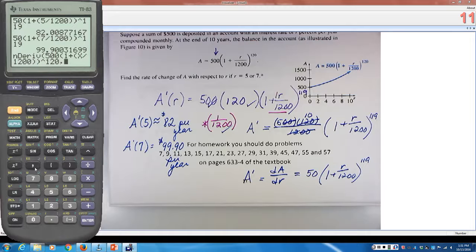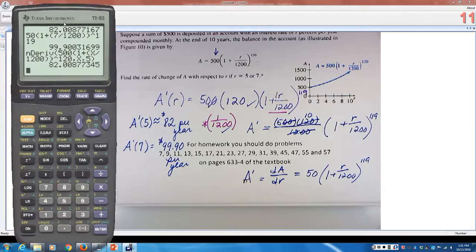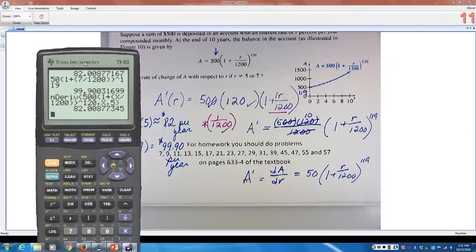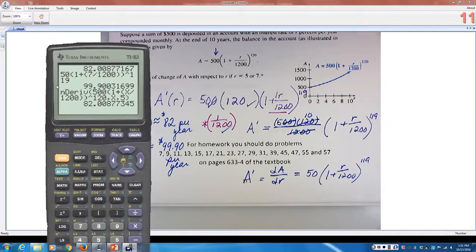So then we need a comma, an X, and then what value of X we want to use. So this is going to be 5. And we get the same answer that we did before. Let's see if I can get that down out of the ceiling a little bit. Okay?